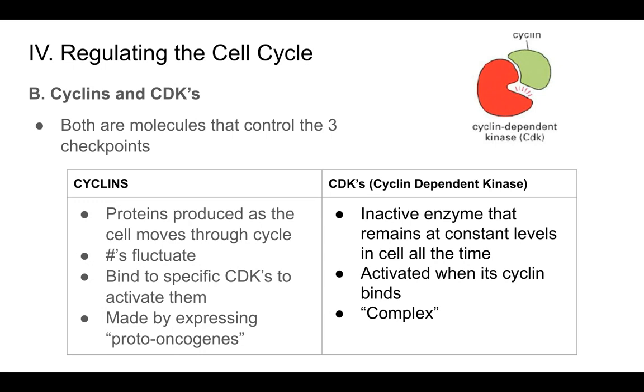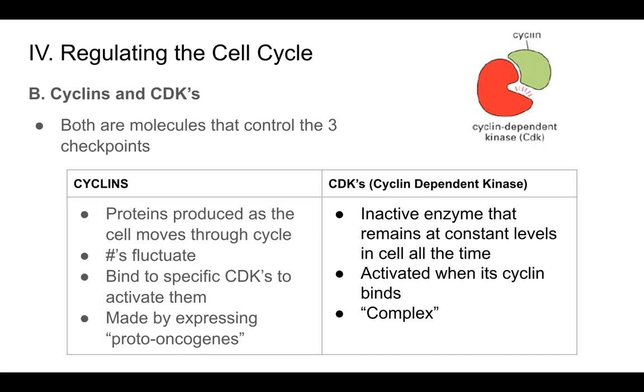So there are lots of different kinds of cyclins. Usually they're given letters, cyclin A, B, C, D, and those levels rise and fall within the overall cell cycle. And so as they rise, let's say, for example, cyclin D levels increase, they will find and bind to their specific CDK molecules.